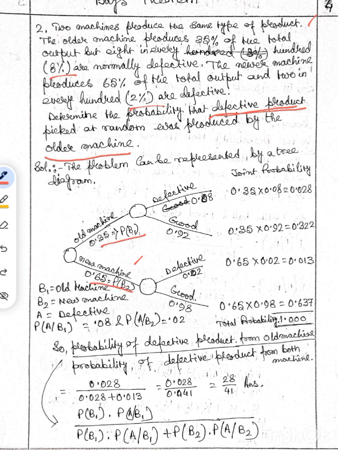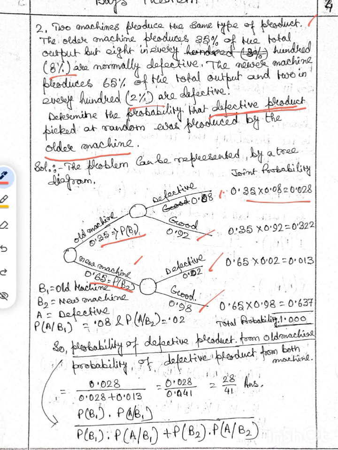Similarly, new machine is 0.65 because 65% of products come from the new machine. Now defective item from old machine equals 0.35 into 0.08, and if defective item is 0.08, therefore good item from old machine is 0.92 because 1 minus 0.08. Similarly, defective item from new machine is 0.02, 2%, therefore good item should be 0.98.